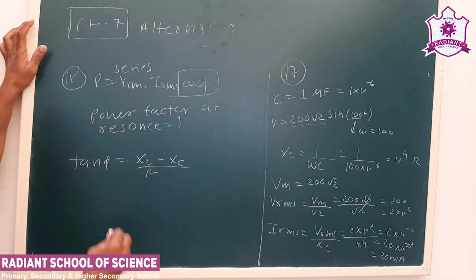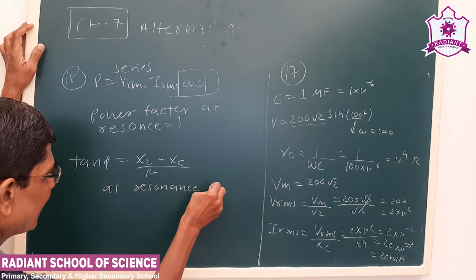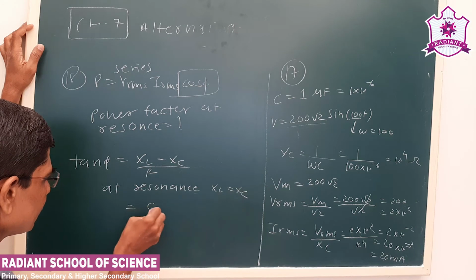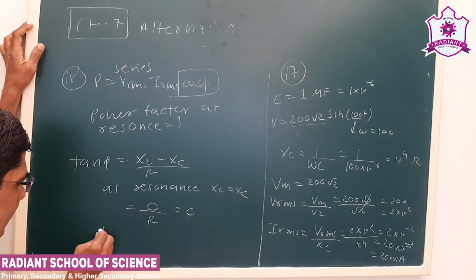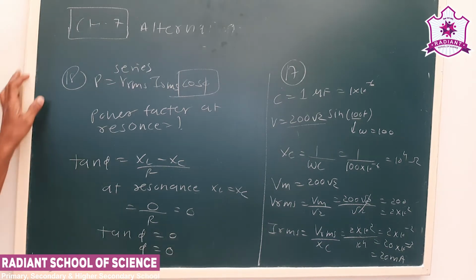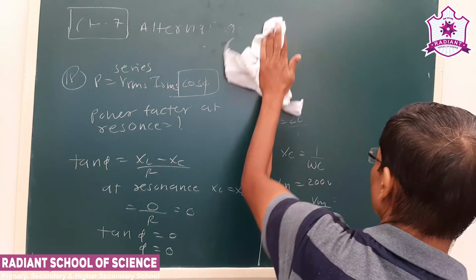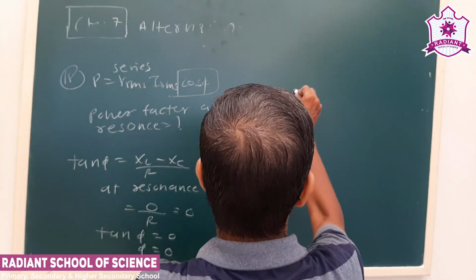Now at resonance, XL is equal to XC, so tan phi is 0, phi value is 0. Now see, the power factor is cos phi. Okay, power factor.